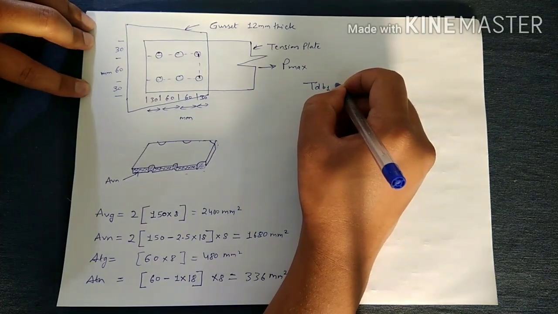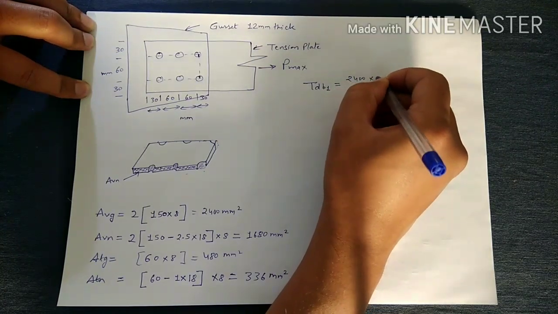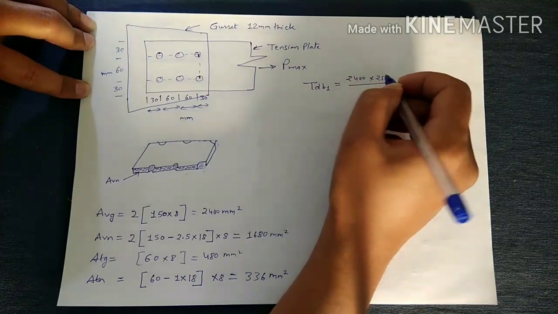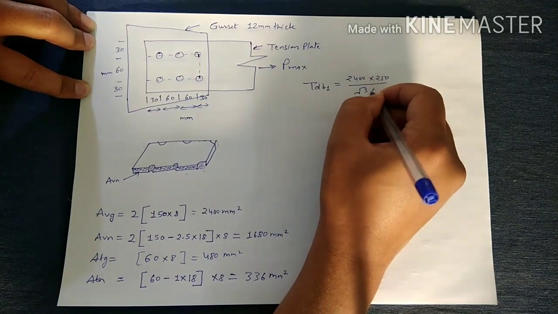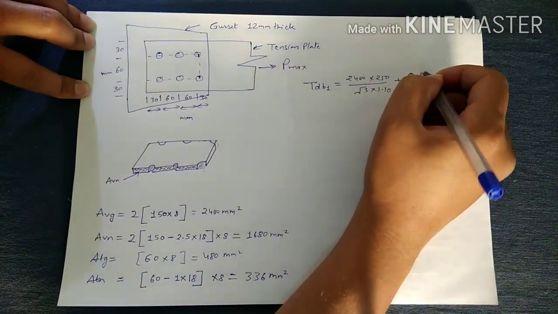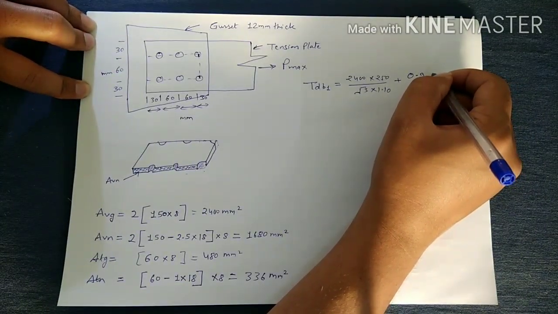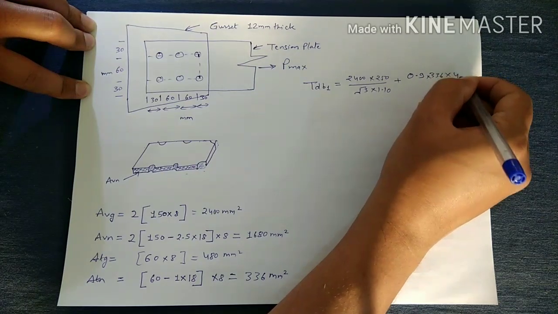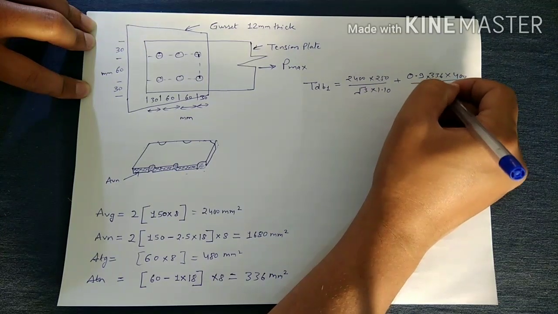So TDB1 is 2400 into 250, that is AVG into FY, upon root 3 into gamma M0, that is 1.10, plus 0.9 into ATN, that is 336, into ultimate strength of the plate, that is 400, upon gamma m1, that is 1.25.